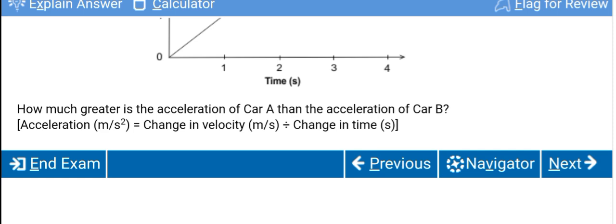Acceleration in meter per second square equals change in velocity, that is meter per second, divided by change in time, that is second.